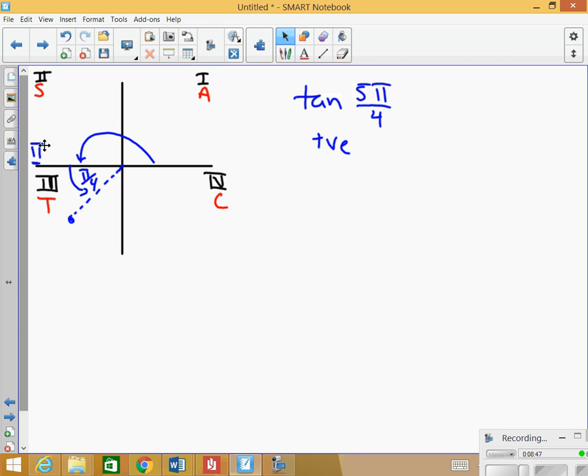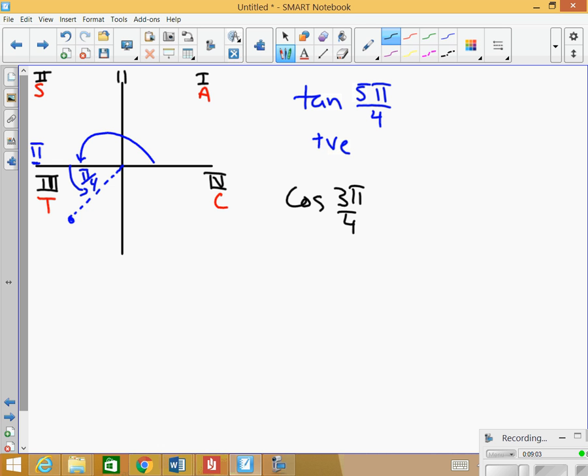Now let's take a look at, say, cos 3 pi over 4. Well, 3 pi over 4 is less than 1 pi, but it's more than pi over 2, or half a pi.